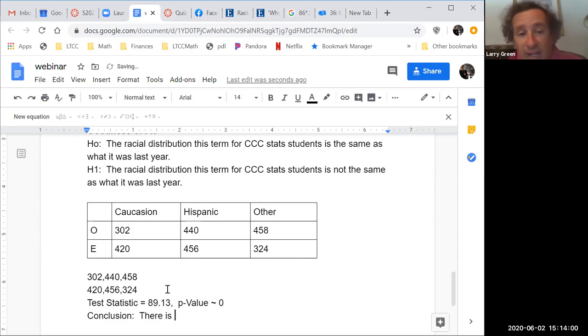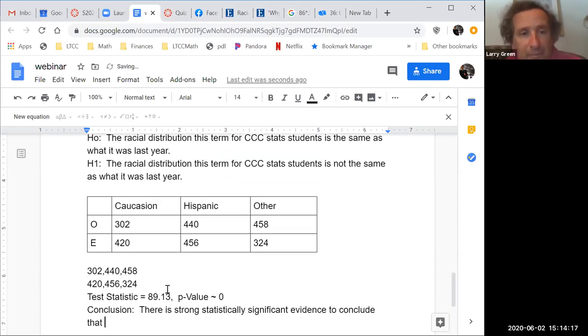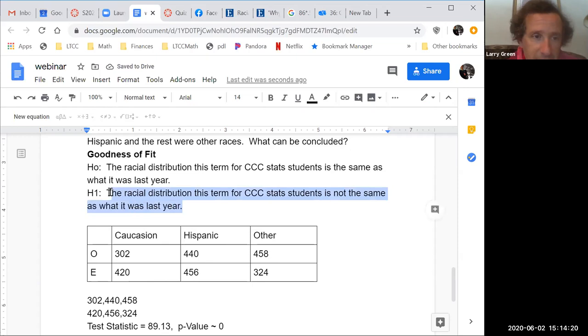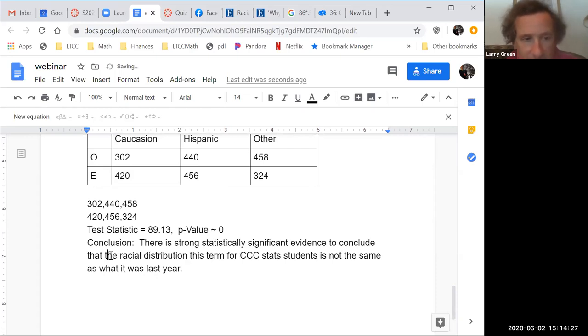There is, I'm going to say, strong statistically significant evidence to conclude that, and now I just redo H1. The racial distribution this term for California community college students is not the same as it was last year.